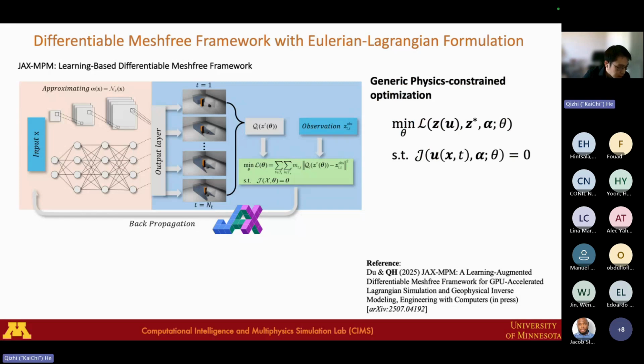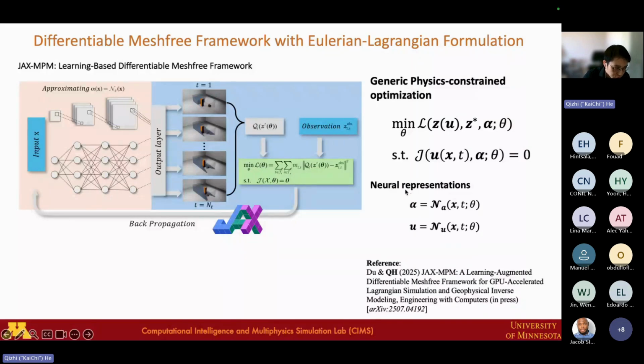By looking at that, we realize we are formulating a generic physics-constrained optimization. No matter what kind of objective-oriented problem, control, optimization, or identification, you can set up an objective, and we have our physics process as a constraint here, right?